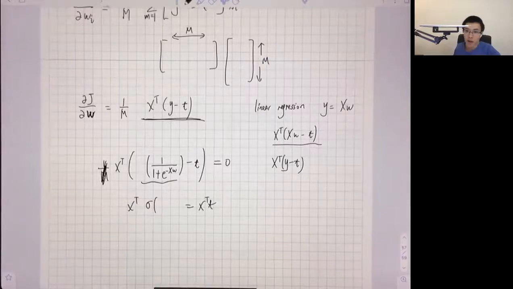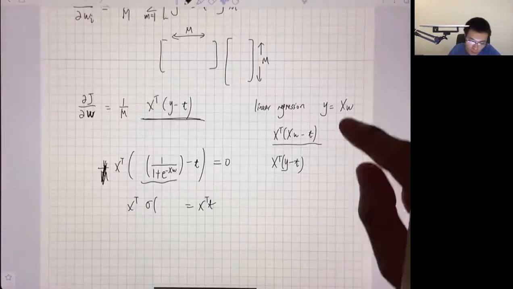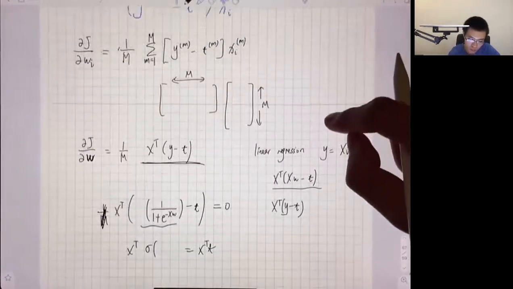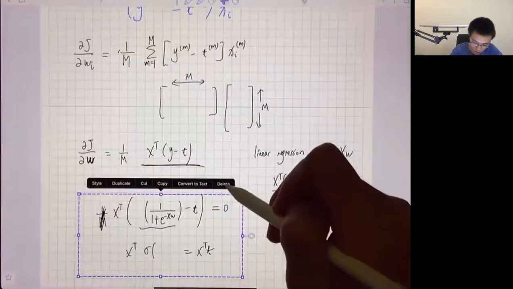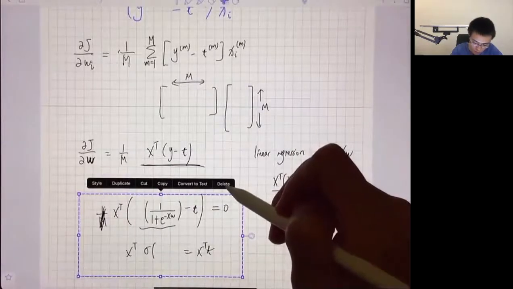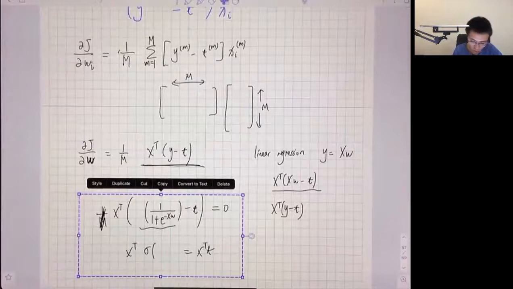So that's why we don't have a closed form solution for logistic regression, but we typically use a gradient-based approach for optimization, and it turns out it works pretty well. Okay, convexity.